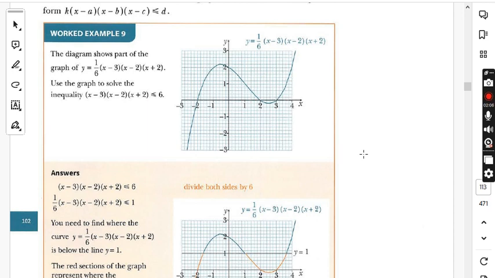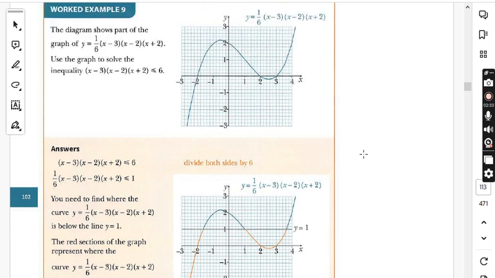Very easy. First, the graph is given. First, convert the given equation, that is y equals 1 upon 6 (x minus 3)(x minus 2)(x plus 2), into the form of the inequality, so you can compare both equations.